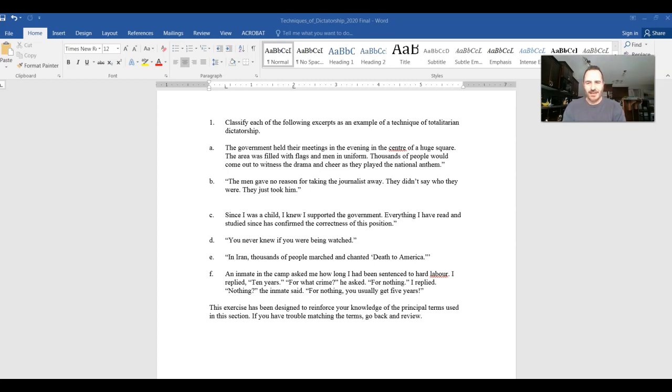And then letter E, it says in Iran, thousands of people marched and chanted "Death to America." One of my favorite chants, actually. So this would be, guys, scapegoating or direction of popular discontent. Again, why do we do this? We create a common enemy in order to bring people together.